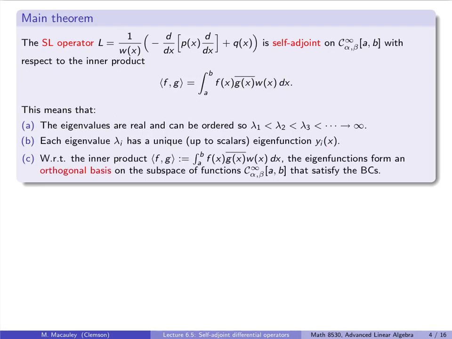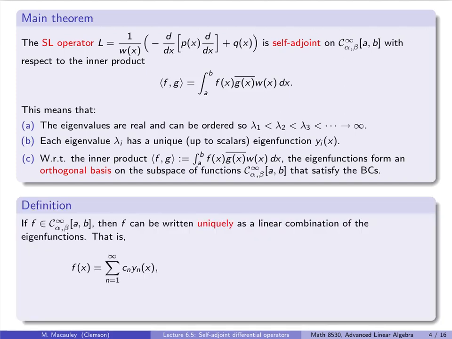And finally, with respect to this inner product, these eigenfunctions form an orthogonal basis on the subspace of functions that satisfy the boundary conditions. And I say orthogonal because they could be normalized to be orthonormal, but it's usually easier to deal with them unnormalized, say as polynomials with integer coefficients, rather than with some crazy radical coefficients.